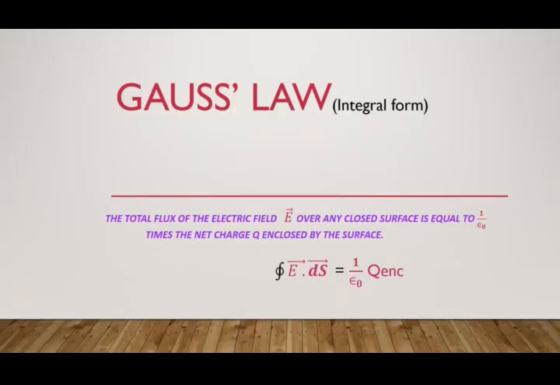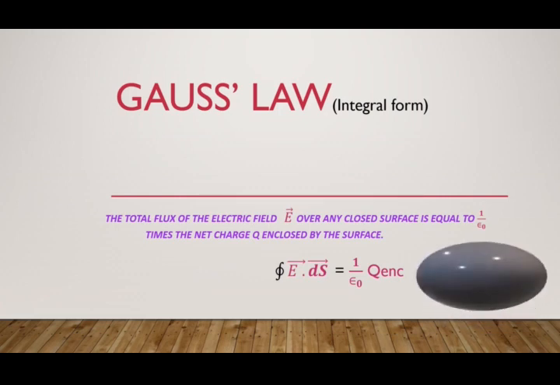Now let us learn Gauss law, which is the fundamental law of electrostatics in its integral form. It states the total flux of the electric field over any closed surface is equal to 1 by epsilon naught times the net charge Q enclosed by the surface.